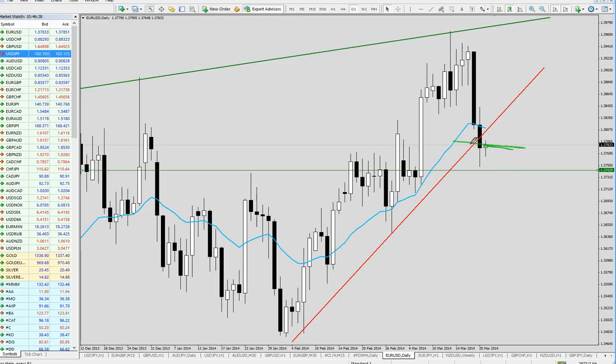We are here right now, and I would like to see some price action. So most probably, of course, if we are going lower to test this line and demand zone, and if we are going to have some hesitation, not a candle like this, right, breaking to the downside.